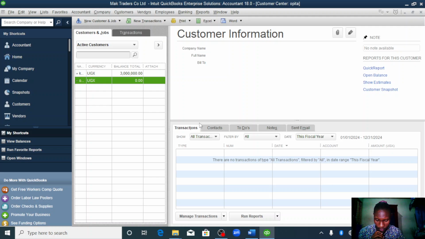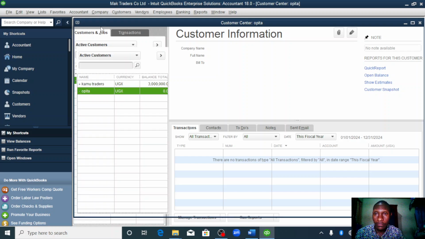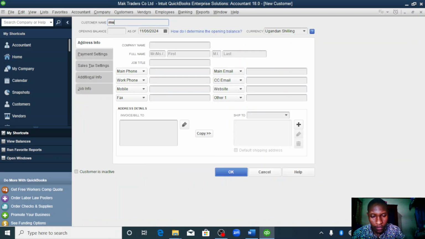We go to another customer who is Munene Auto Dealers. Munene Auto Dealers is having an opening balance of 1 million. We update the date. We say okay.